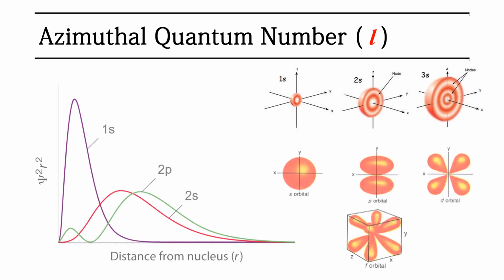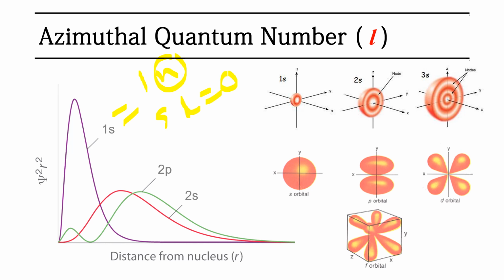Here, this graph represents the probability function of where the electron can be found around the nucleus, with distance. So with distance, the probability changes. Here 1 is n, and s means L is equal to 0.